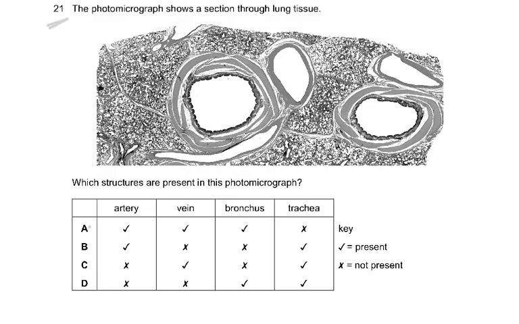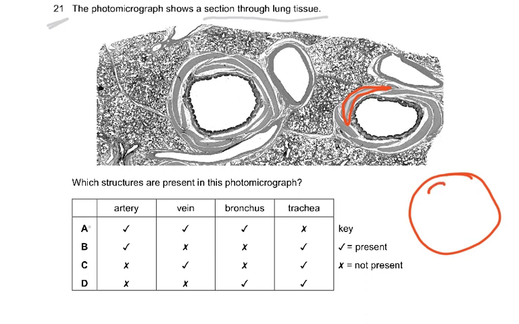Question number 21. The photomicrograph shows a section through lung tissue. Which structures are present in this photomicrograph? Now you can see these are plates of cartilage. But what you cannot see is the trachea.